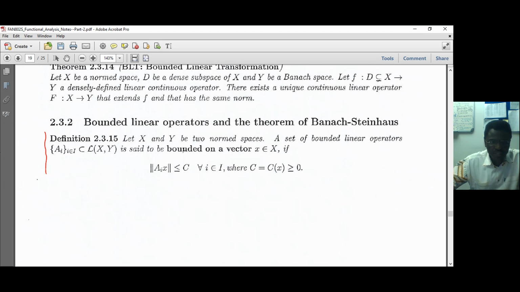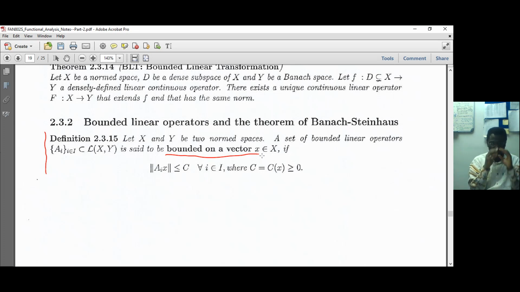Now, this family will be said to be bounded on a vector. I have a family, and the family is bounded on a vector. It's not bounded everywhere. Each element of the family is already bounded, it's a bounded linear operator.